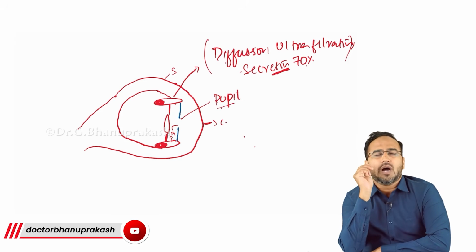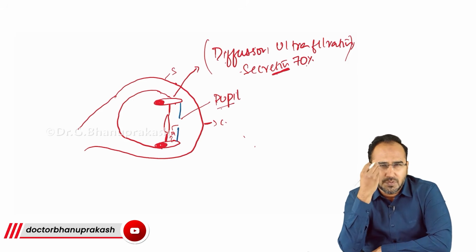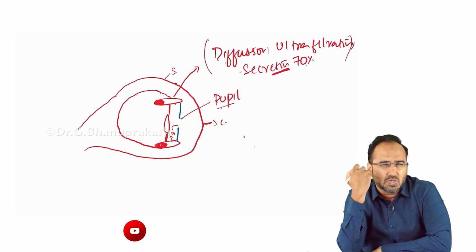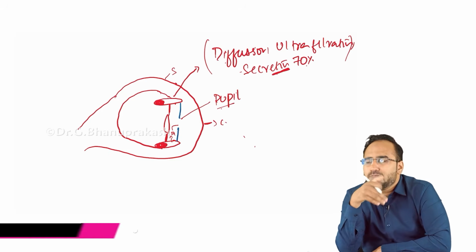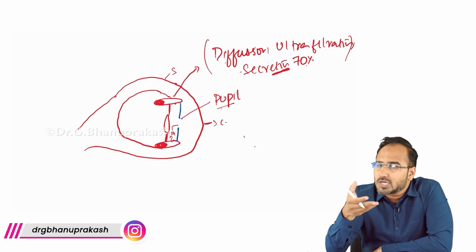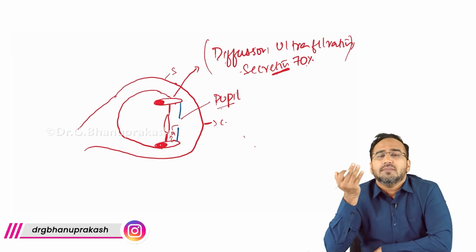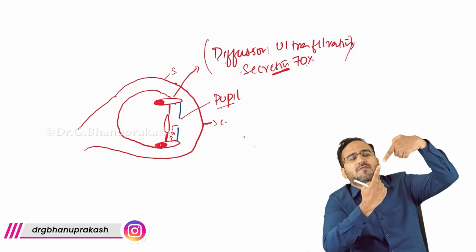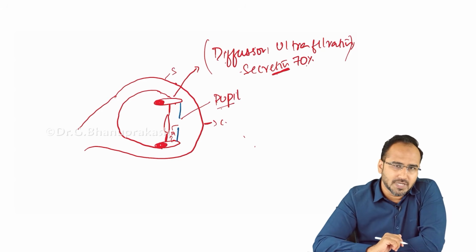You might have seen, our pupils constrict whenever you put a light, and whenever you go into the dark, the pupils dilate. There is no structure called pupil in the eye. There is no structure called uvea in the eye. What is this pupil? Pupil is an imaginary space between the upper iris and lower iris.